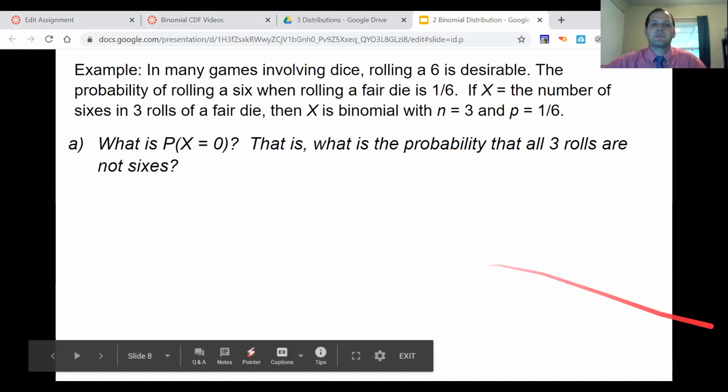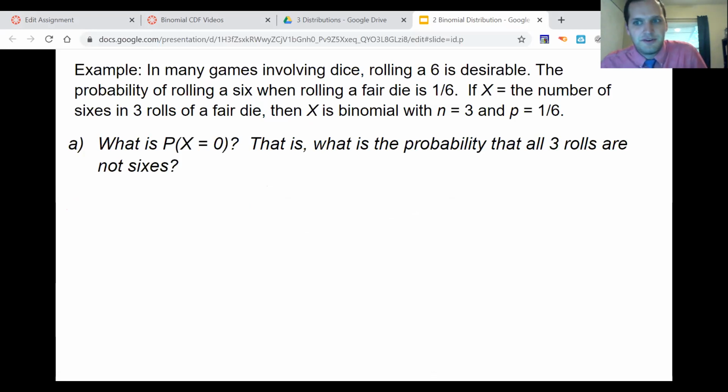All right, so here's what's different this time. Instead of determining if this is binomial or not, because we've already determined that's binomial, we will be determining what is the probability. So in this game, we're rolling a dice 3 times. We want to know what's the probability of all 3 of those dice not being a 6. Right here, X equals 0. That means none of those dice rolled a 6. Okay, there were 0 successes.